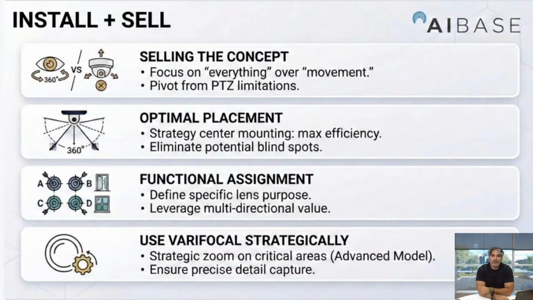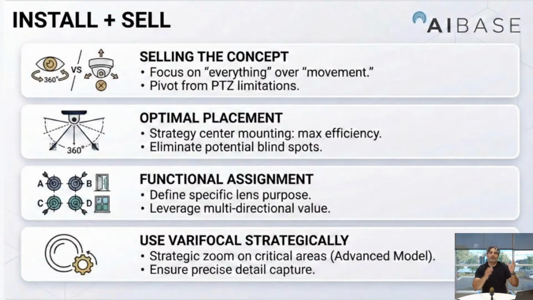Number 2. With this camera, as you would have noticed with our project examples that we talked about today, placement is critical. It works best if it's overhead and in the center of your site or room, whatever you're covering. Of course, if it's outside, that's a different conversation.